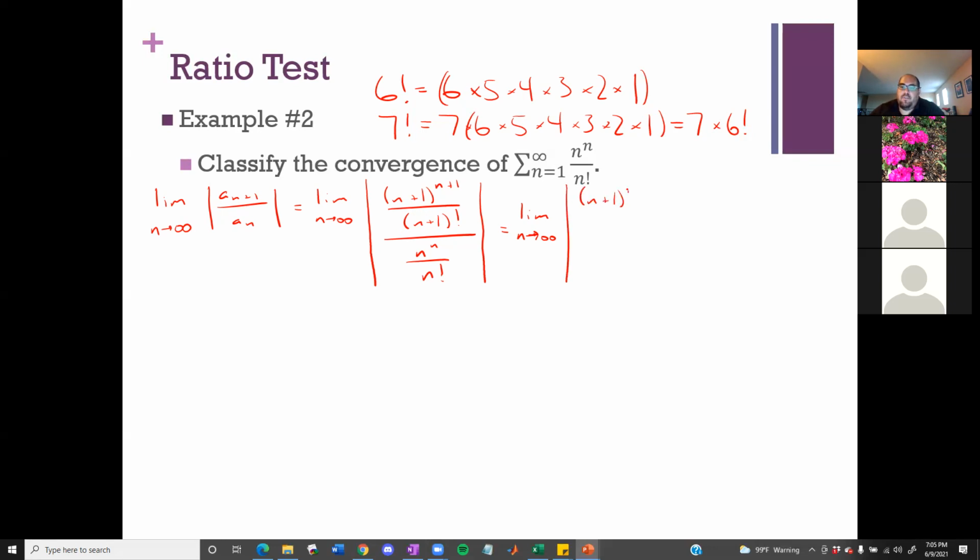So n plus 1 to the n plus 1 over n factorial times n plus 1, all over n to the n times n factorial. And I'm going to stop there because just from experience, I think this can be a bit mysterious. So ask me some questions, or maybe just take a moment to absorb why I'm able to make that rewrite.